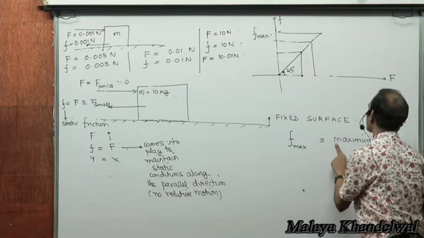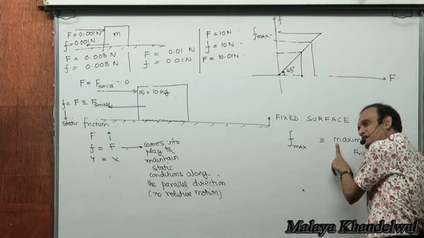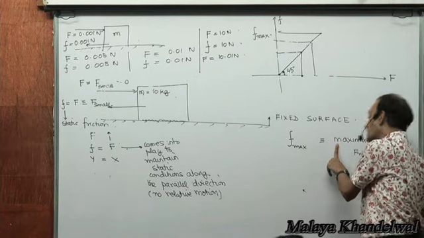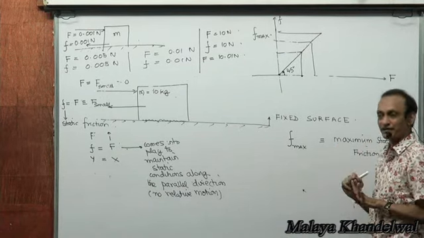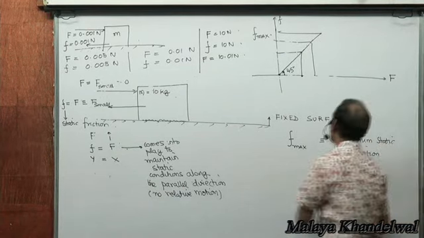That maximum value is called maximum static friction. We will commonly designate it as F max stat. That's the maximum value of static friction under a given set of conditions between a pair of surfaces. Right?